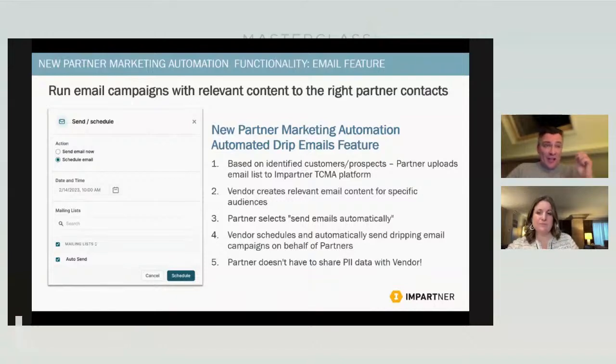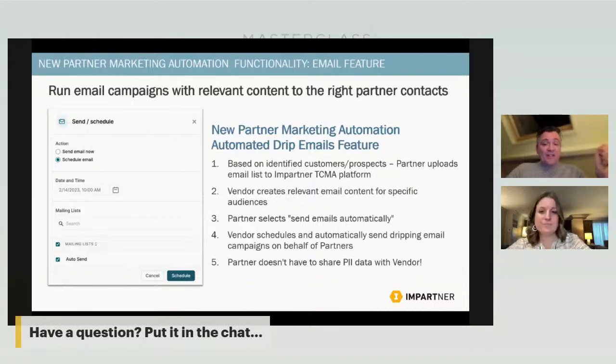So instead of saying, hey, Mr. Partner, here I've got the list that we would like to target, can you please run a campaign? You basically do the work for them. So the platform allows you as a vendor to create a dripping email campaign, very relevant for that hyper-targeted audience. You create a campaign and you can even schedule it to be sent out on behalf of that partner.